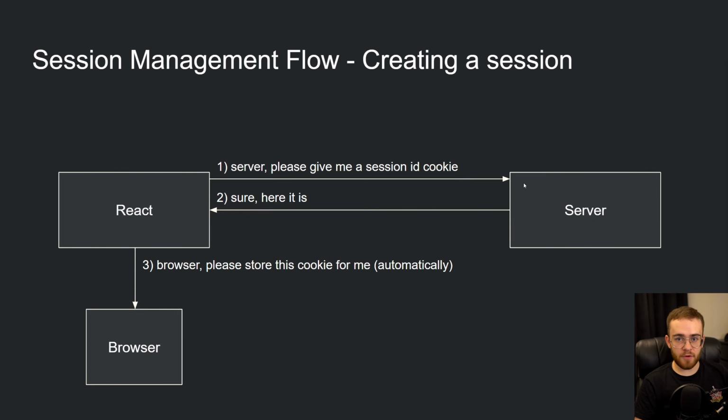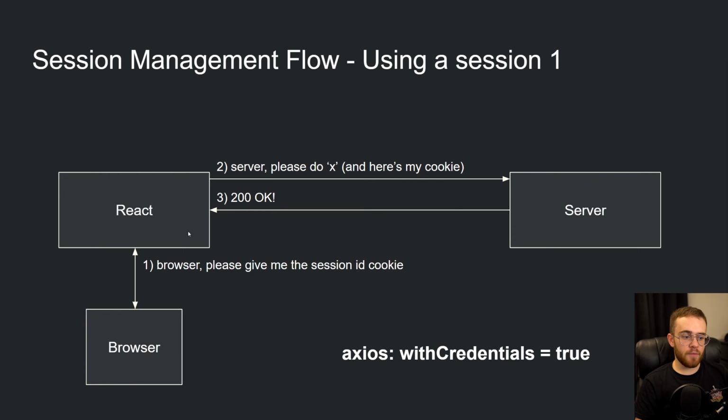And if the server is able to verify that you, for example, entered the right email and password, it's going to give you that cookie, and then automatically the browser will notice that a cookie was sent in the server response, and then it will store that cookie in the browser. For security measures, this is often done with both the HTTP only and same site attributes. So then the user is actually able to use that session cookie.